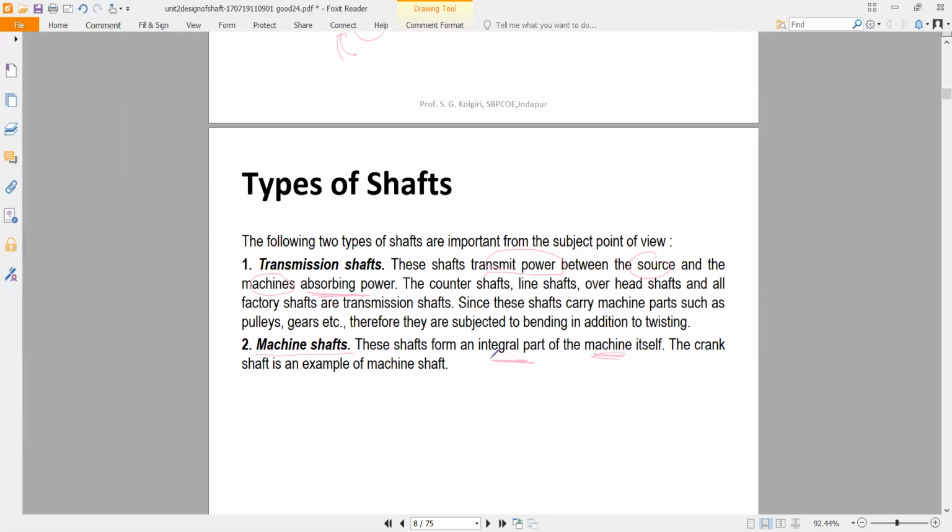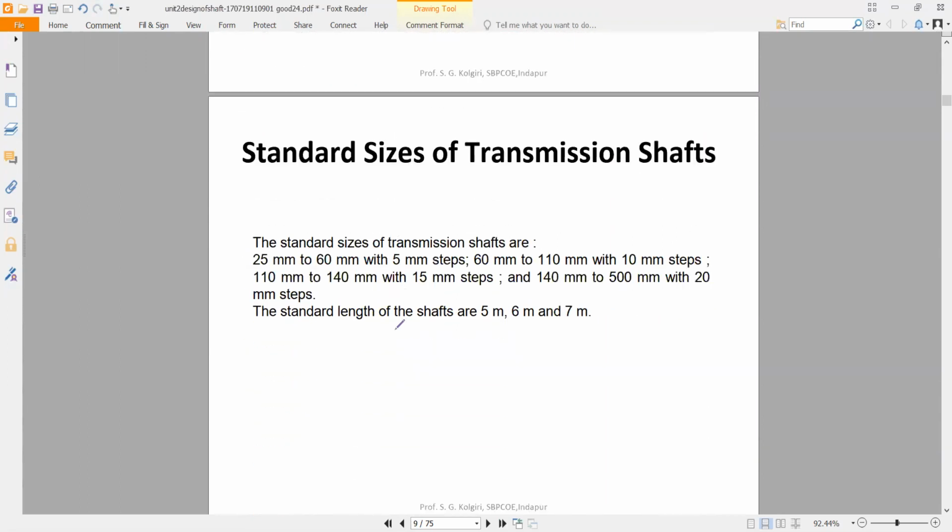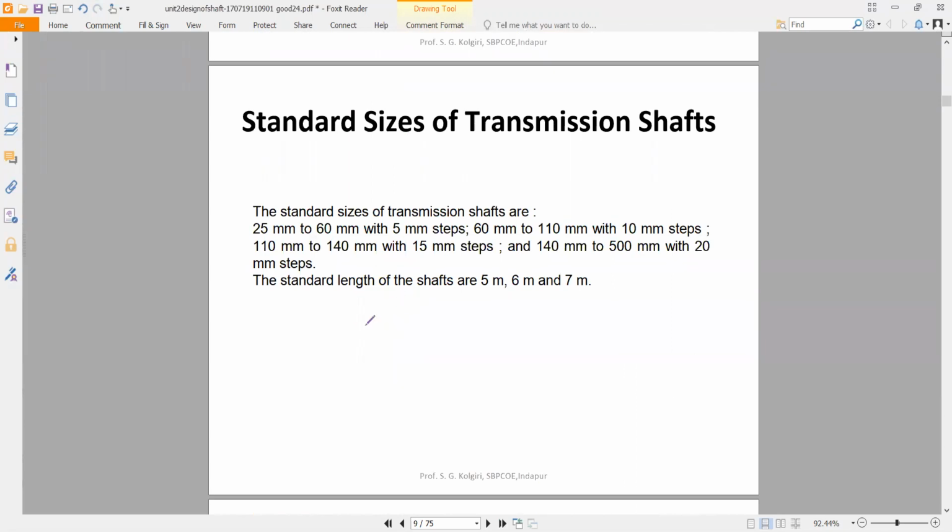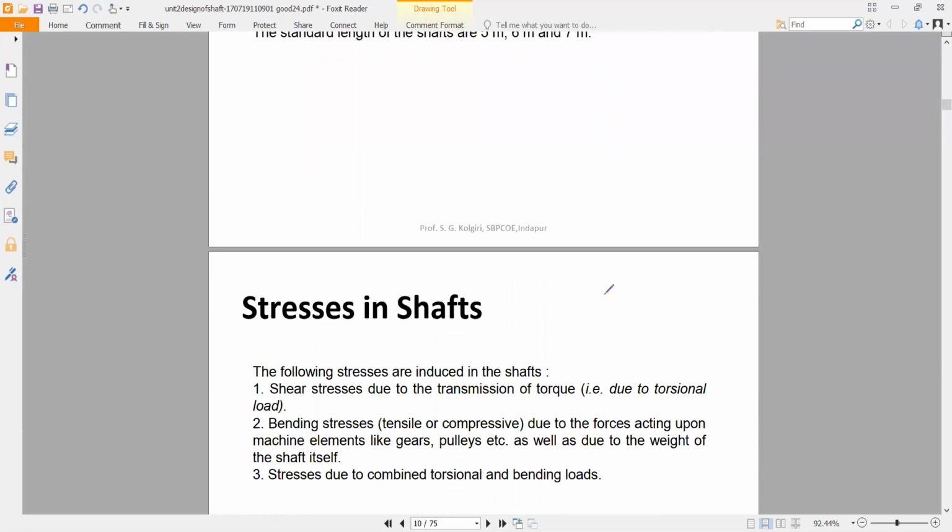These are the two types of shaft we normally apply. Standard size: at different locations we have a step to support it. The standard size we normally apply is in meters.